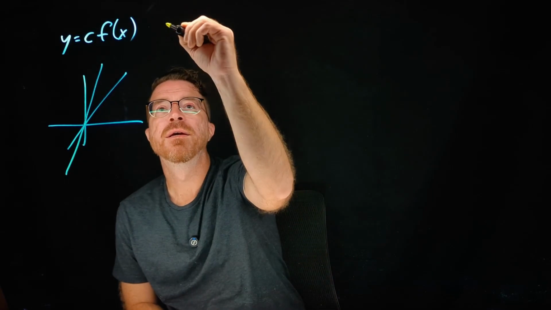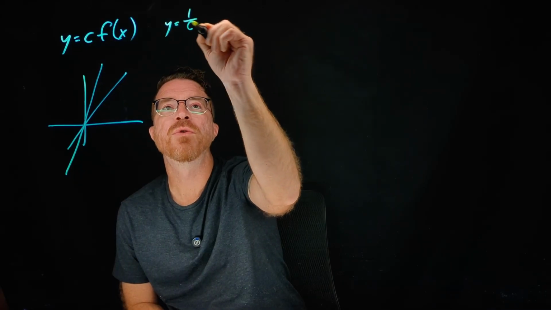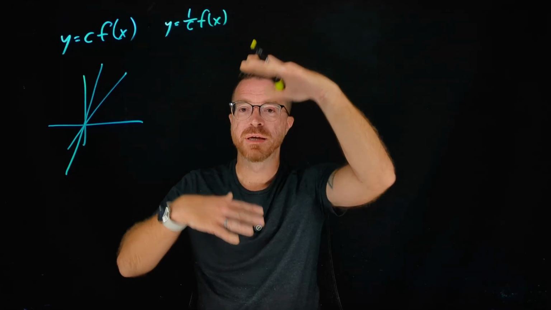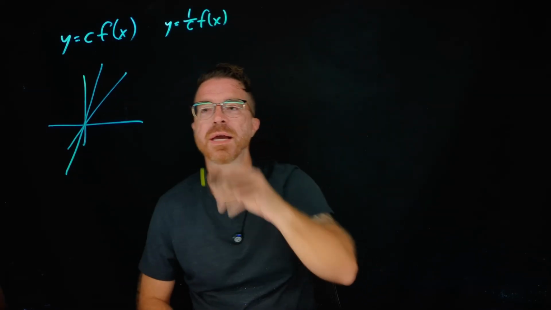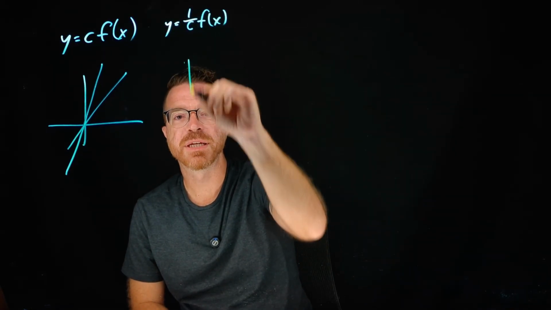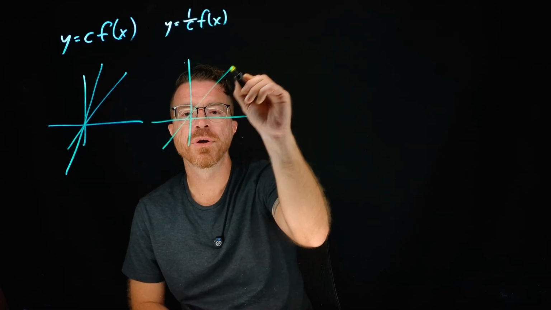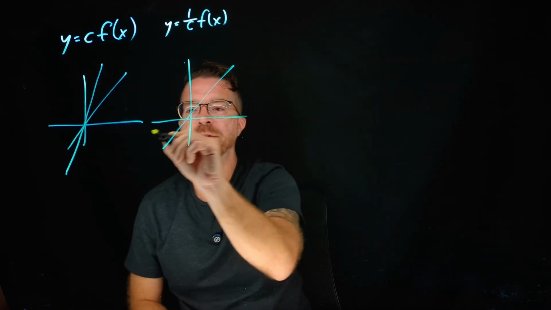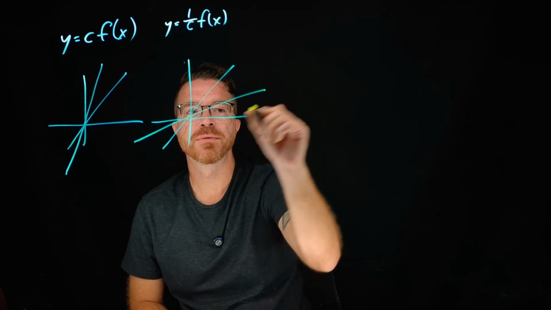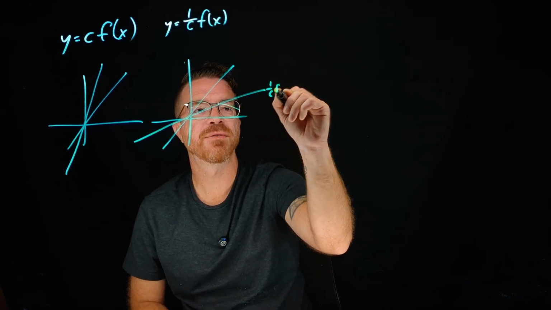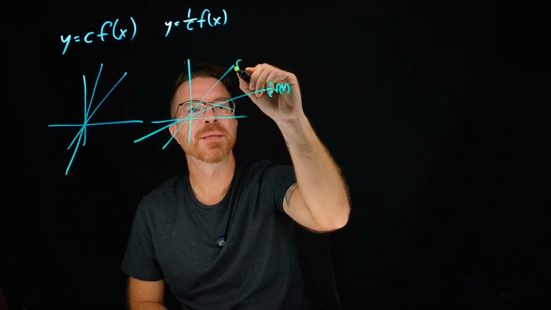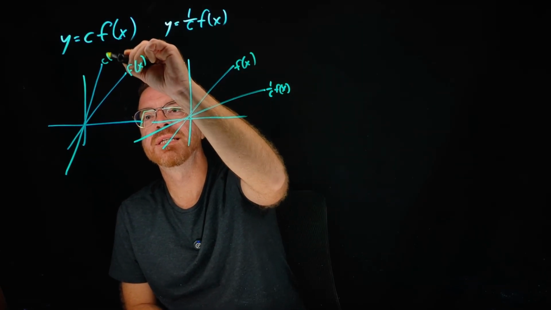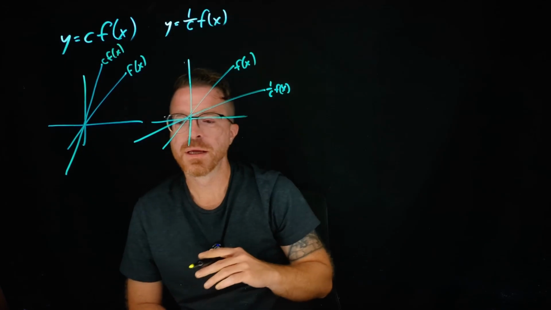If we had y equals 1 over c times our function f of x, this is going to compress it down, causing vertical compression, meaning it's going to go further from our y-axis because it's going to take the same function and compress it down, right? So this would be 1 over c f of x. This is f of x. This was f of x, and this was c times f of x.